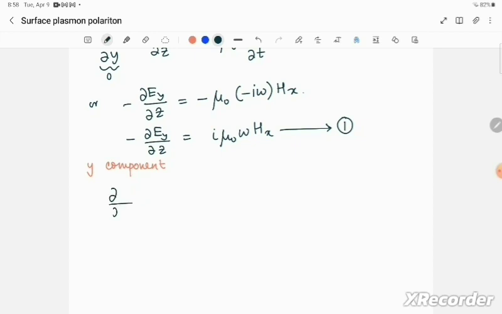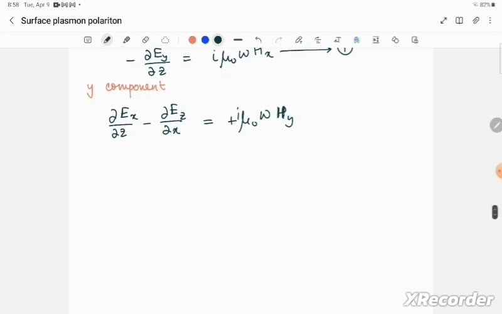So for y, it is del z Ex minus del x Ez, and the right hand side becomes again minus mu naught, basically plus i omega Hy.